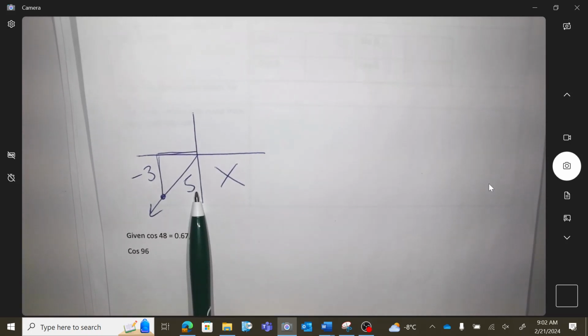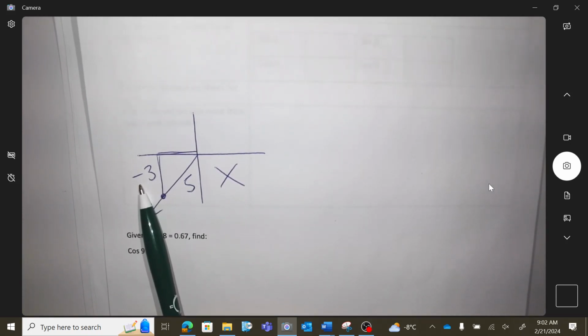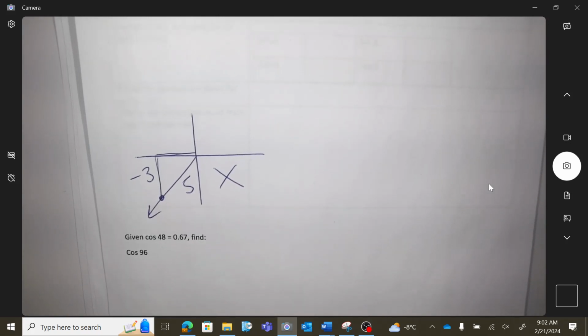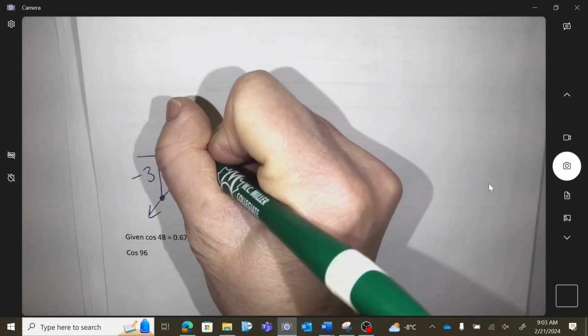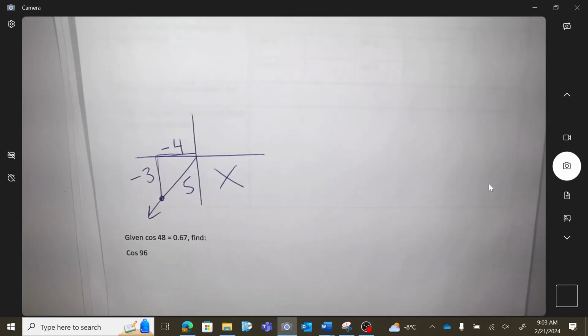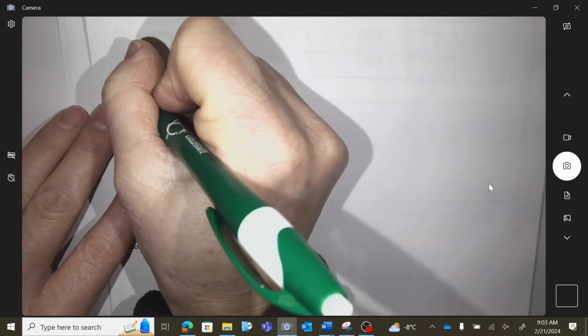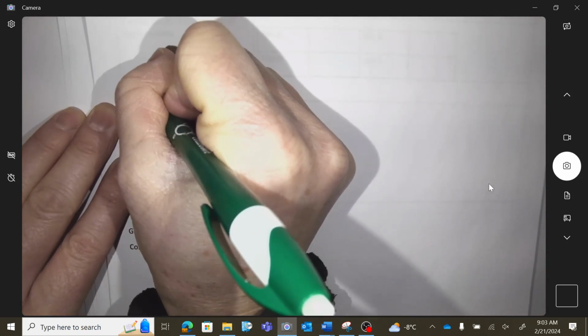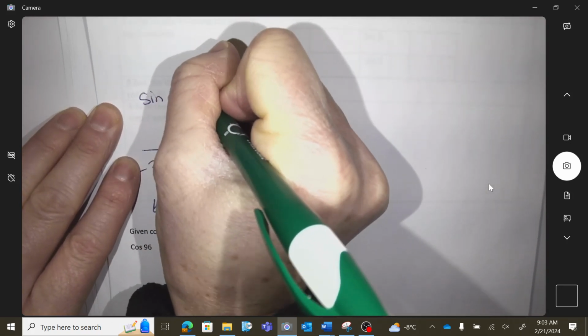Can you do 5 squared subtract 3 squared? 25 minus 9 is 16. So this is 4, but I already am thinking negative because of where it is. Okay, so I'm going to write this. We already knew the sine of A is negative 3/5.